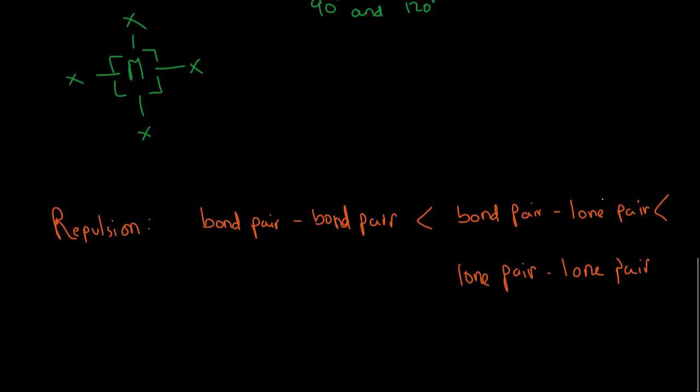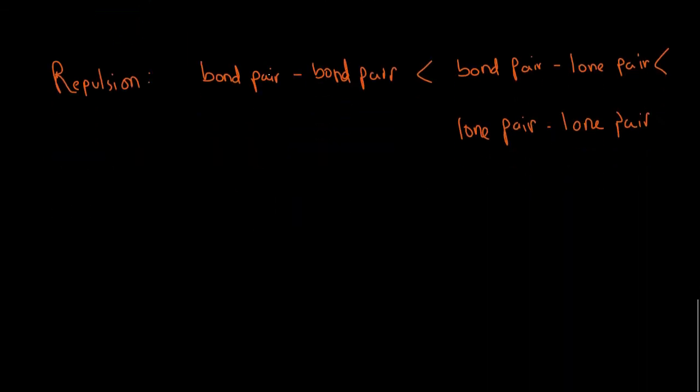So this basically means that the repulsion between bond pairs is the least. They repel each other the least amount. But if you have a lone pair present, the bond angle should decrease because they repel each other more. And the repulsion between lone pairs should be even greater because they repel each other the most.